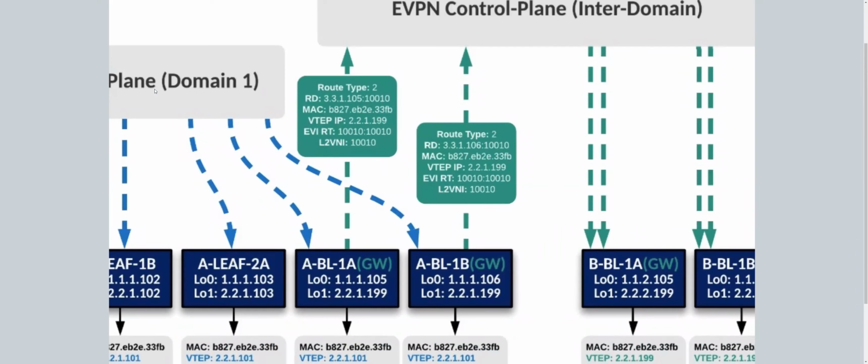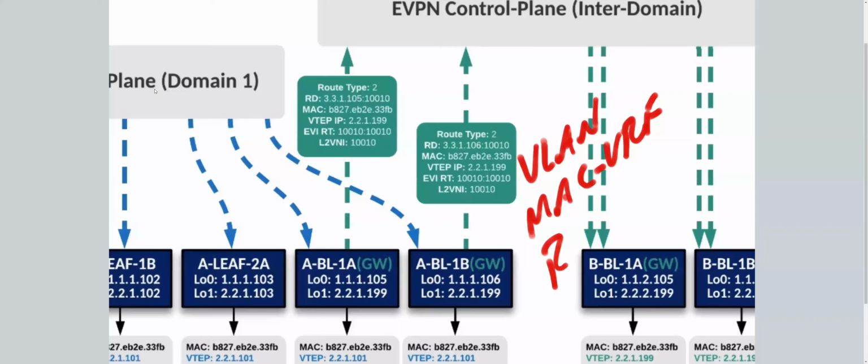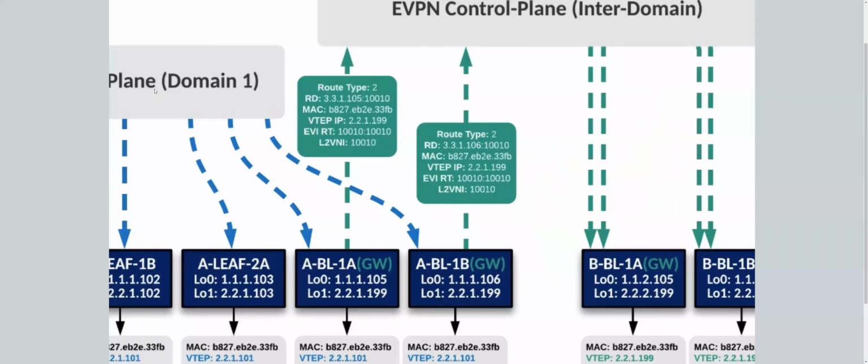In other words, until the gateway node has the VLAN locally defined, the MAC VRF locally instantiated, and the remote RD and RT values configured, this route isn't going out there. Once those three things are true, we'll send type 2 routes for that particular EVI out into the interdomain control plane, which is exactly what we're doing here.